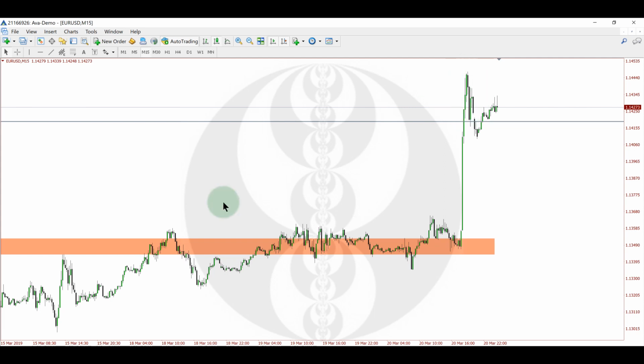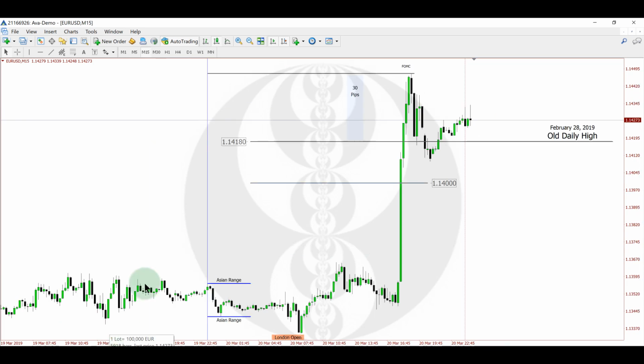If we take a closer look and drop down into a 15-minute time frame with some more lipstick on it, here's the Asian range. If we're bullish, now assuming that it wasn't FOMC, say it was some other news event that was due out in New York, maybe relative to the dollar index.